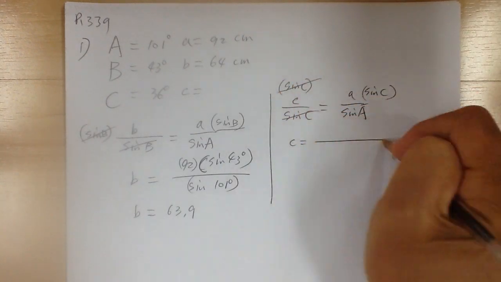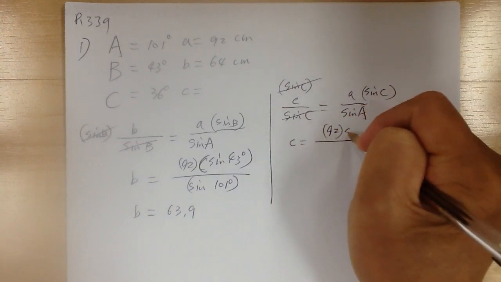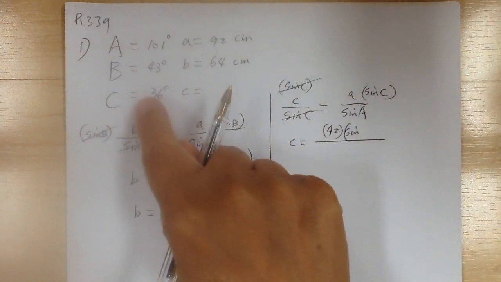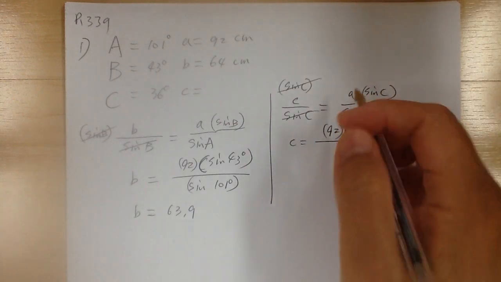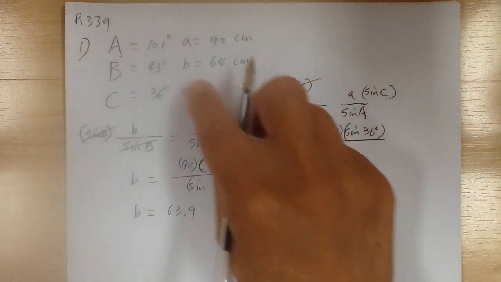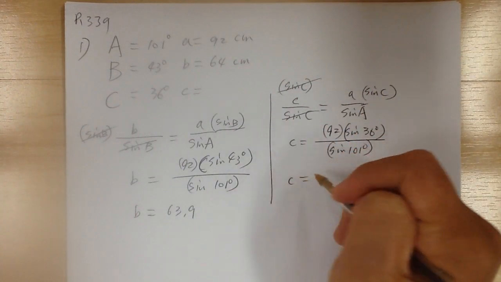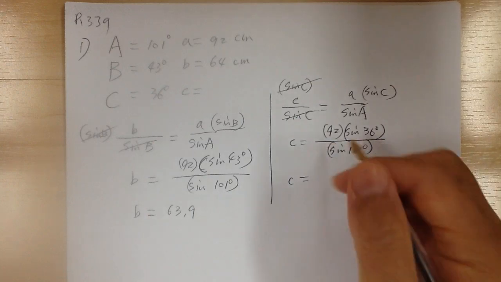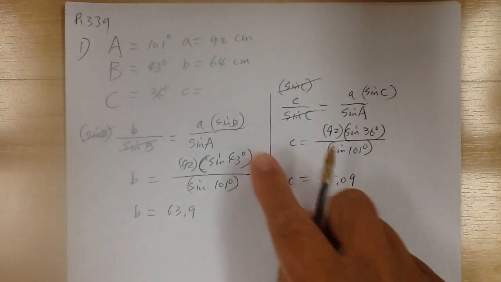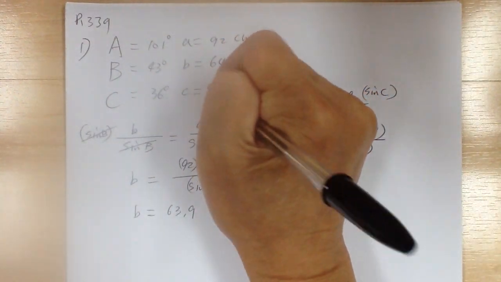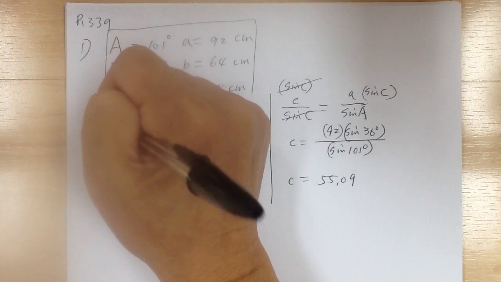So you get C equal to, A is 92, sine C is 36 degrees, over sine A. A is 101. Okay, enter all in your calculator, you get 55.09. And so when you put it up there, you get 55 centimeters. Okay, and that would be your answer.